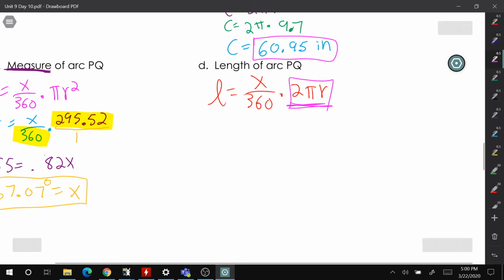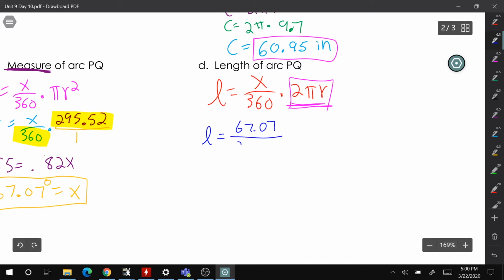It doesn't matter. So the length will be our angle measure we found in part C, 67.07 over 360 times the circumference, 60.95. And again, you could leave it like that, or you could write 2 pi times 9.7. You'll get the same answer.